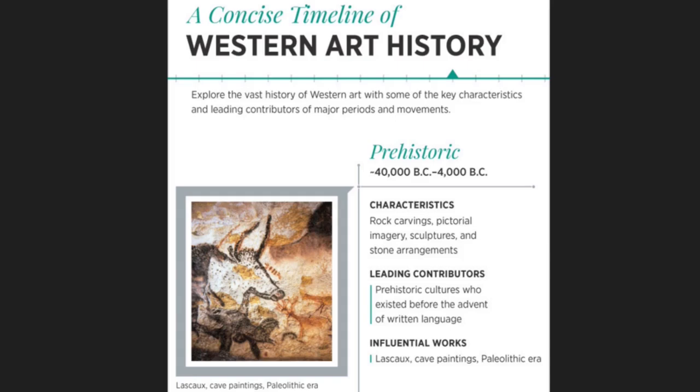Art from this period relied on the use of natural pigments and stone carvings to create representations of objects, animals, and rituals that governed a civilization's existence.